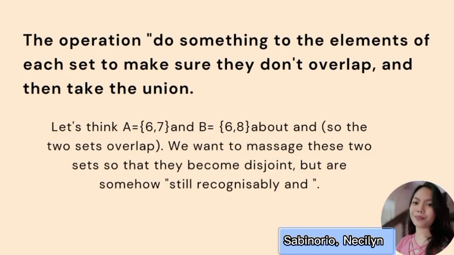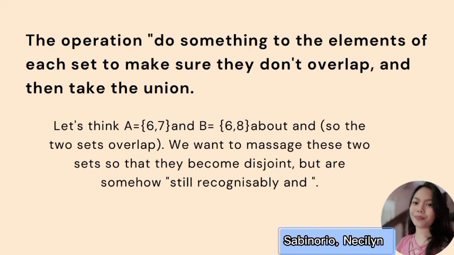For the second definition, the operation does something to the elements of each set to make sure they don't overlap and then takes the union. For example, set A has the elements 6 and 7 and B has the elements 6 and 8. So makikita natin na nag-overlap yung dalawang sets wherein may same element na number 6.